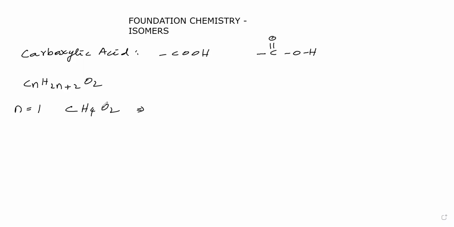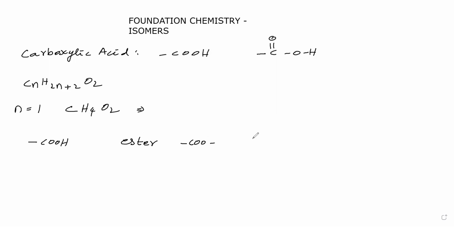Now 2 oxygen atoms are there, so what functional groups are possible? One is carboxylic acid, that is COOH. Next one is ester. Ester contains 2 oxygen atoms, that is COO.